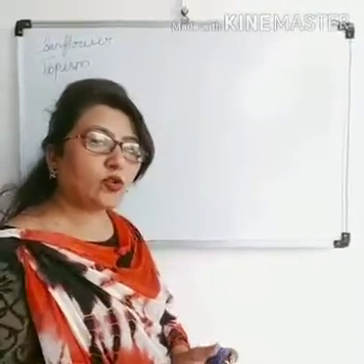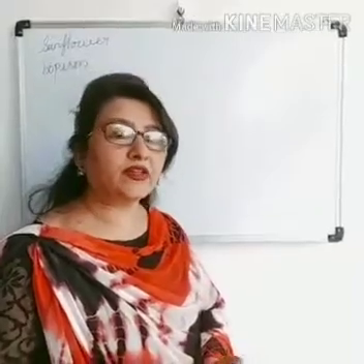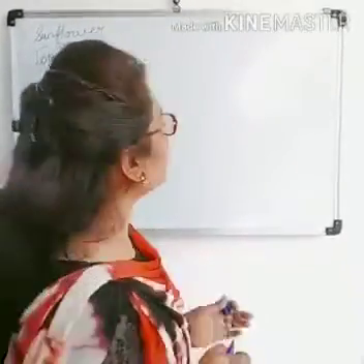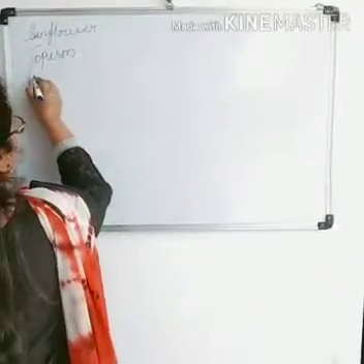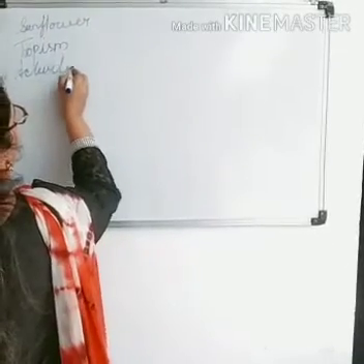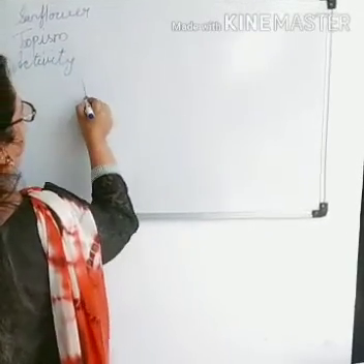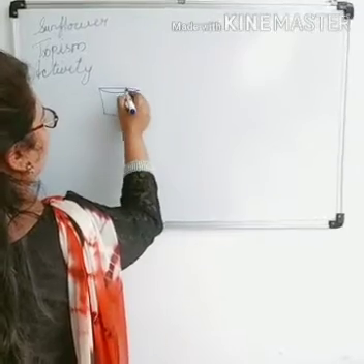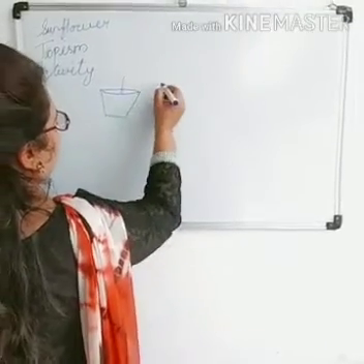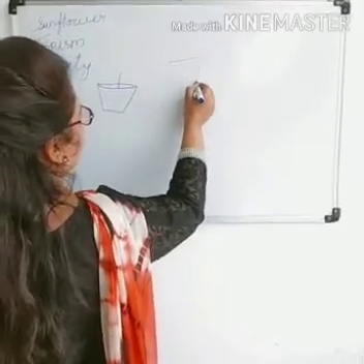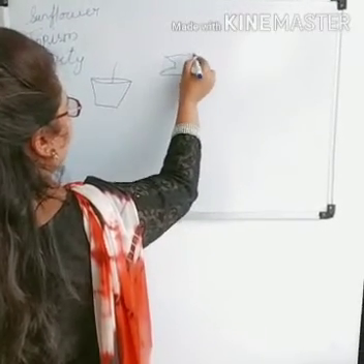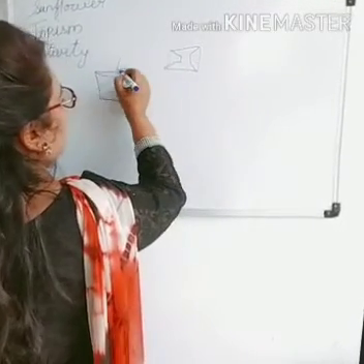We can also understand this with a particular activity. You take a potted plant and put it in a room. There is a window inside the room, and the potted plant is kept there for some time.